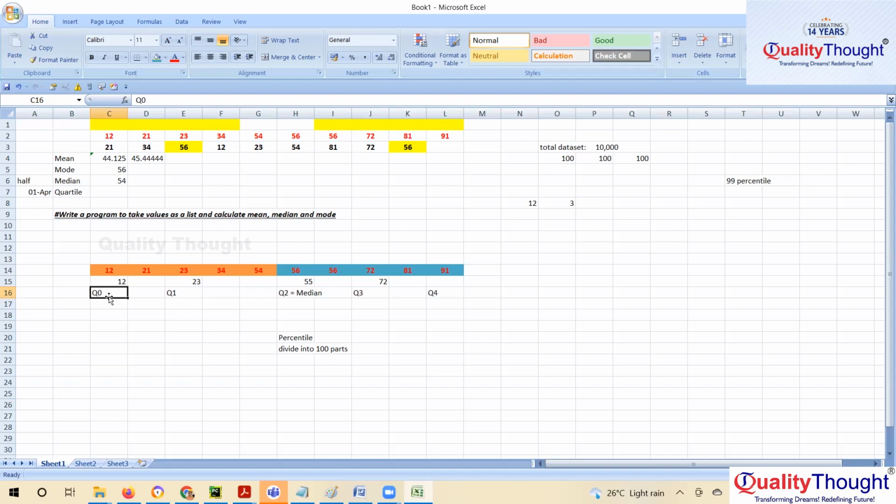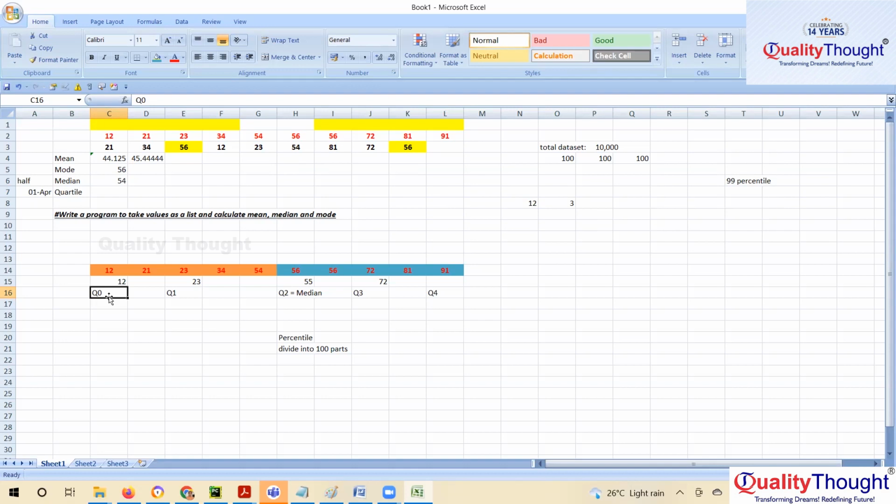When I say quartile 3, you have 1/4 on top, 3/4 on bottom. So 99 percentile means you have 1 hundredth on top and 99 hundredths on the bottom. 90 percentile means 10 hundredths on top, 90 hundredths on bottom.